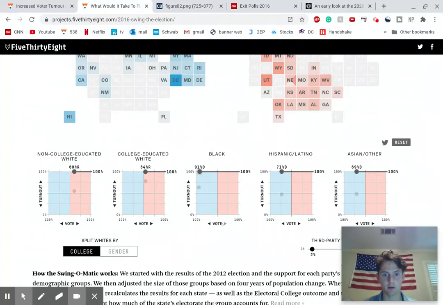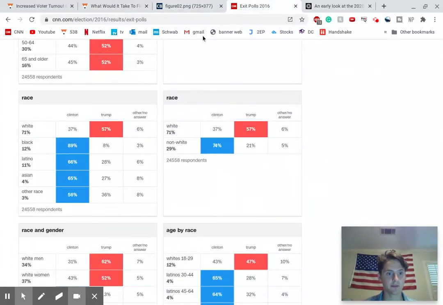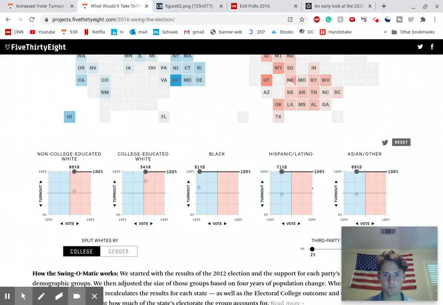So 91. And then let's see for Hispanic voters, Latinos, so 66. Let's divide these up 4 and 2. So that's 70%. 70, Trump 26. Also, the third party here is about what, 4%, 5%.